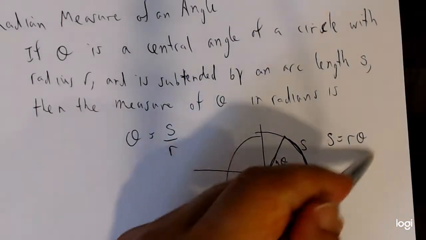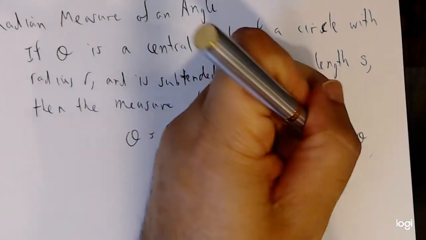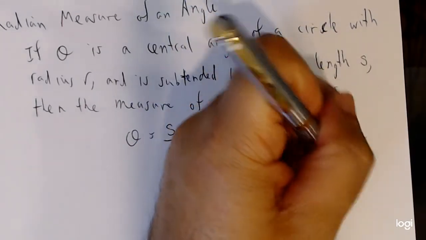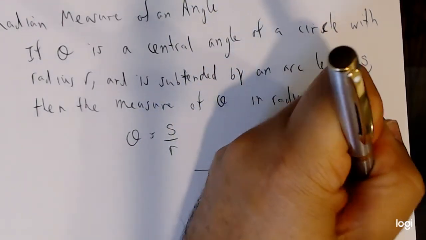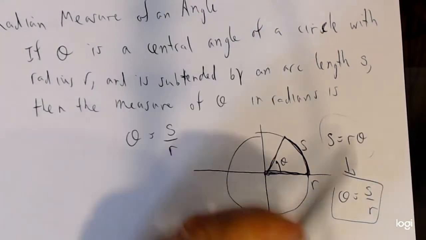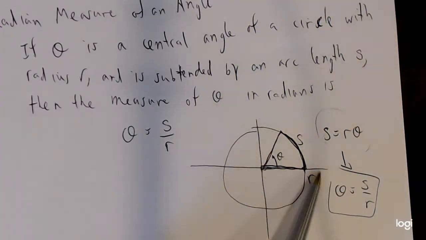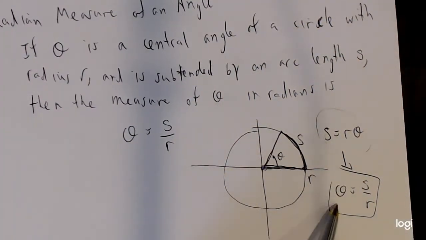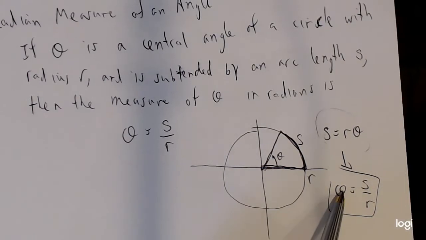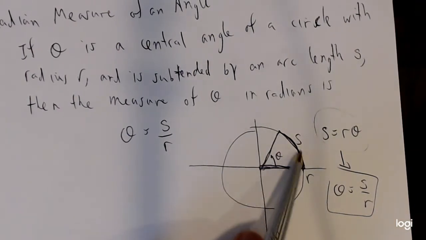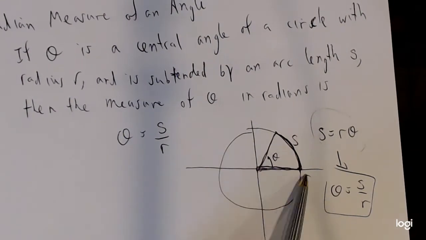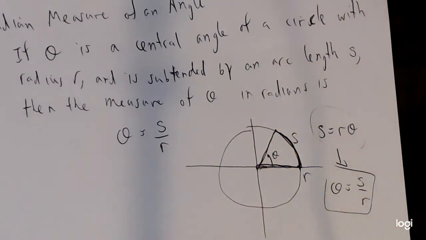If this is how we find the arc length of a circle, then this shows that theta is equal to S over R, and we can go back and forth. Based off of this picture, this angle theta can be described in radians by taking the arc length and dividing it by the radius, which gives us theta.